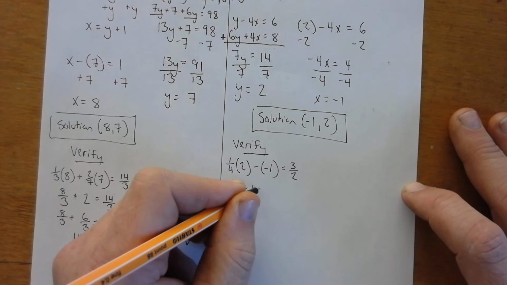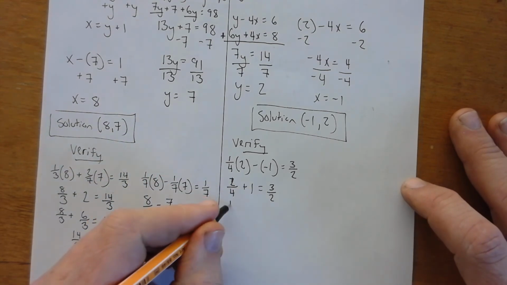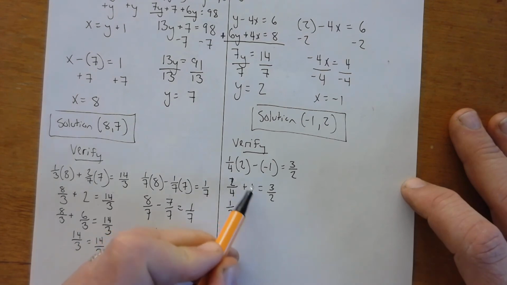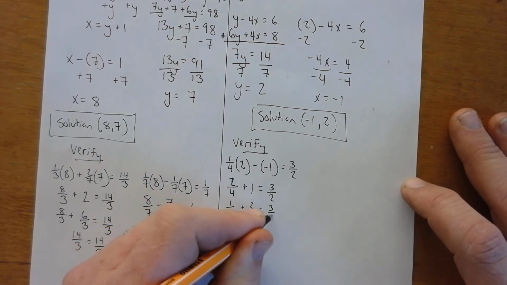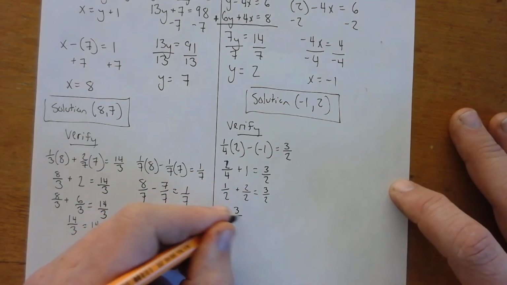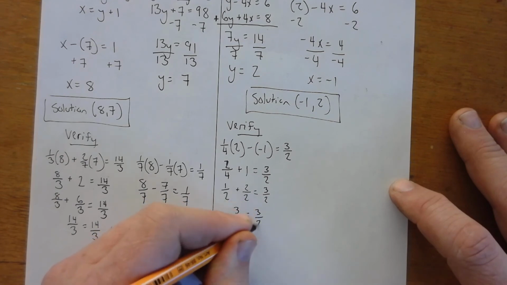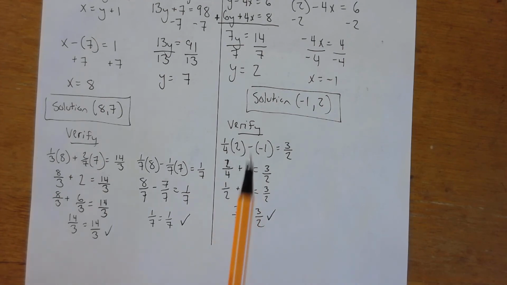Plus 1 is the same as 2/2. And I have 1/2 plus 2/2, which is 3/2. So my solution of (negative 1, 2) verifies the first equation.